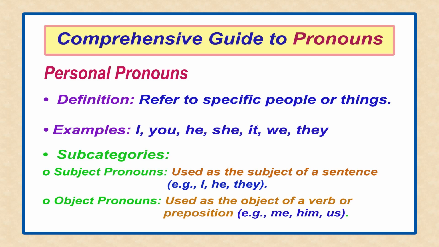Subcategories. Subject pronouns. Used as the subject of a sentence. Example: I, he, they. Object pronouns. Used as the object of a verb or preposition. Example: me, him, us.